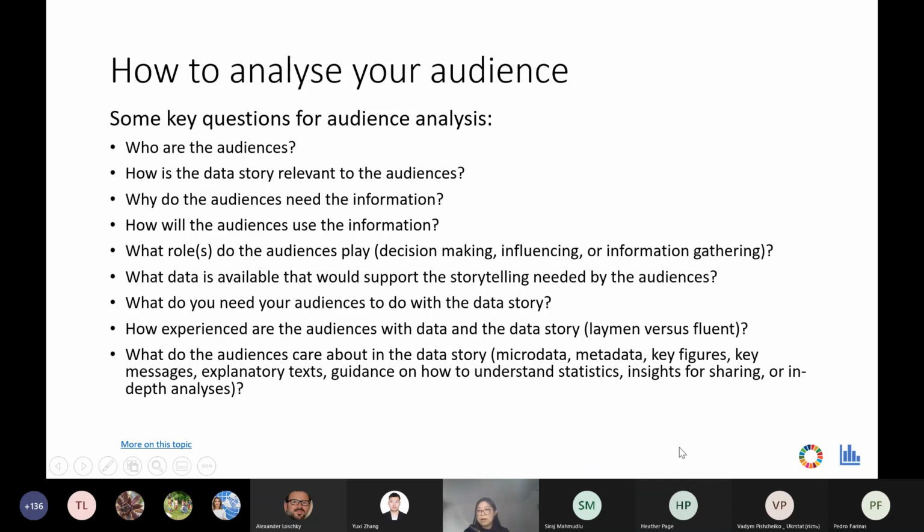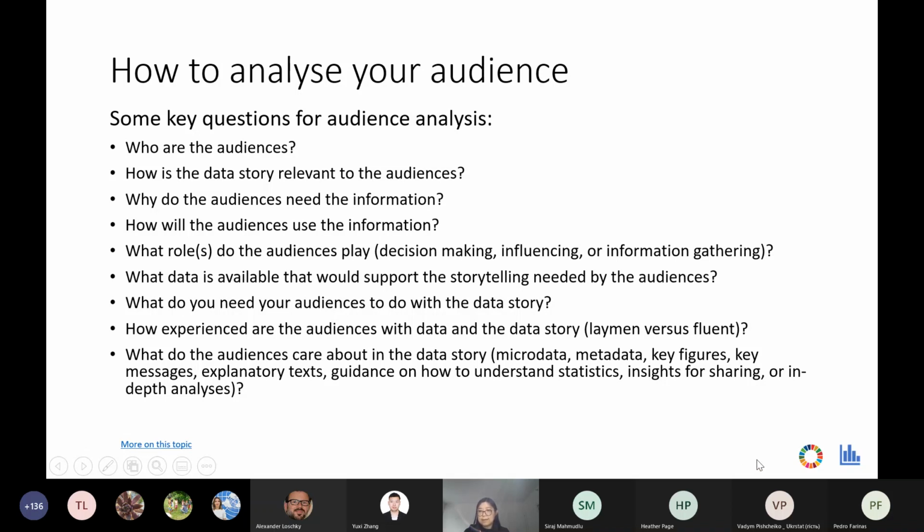Are they layman or are they fluent? And also, what do the audience care about in your data story? Do they want to know more about the key messages, or are they interested in the microdata or metadata? So the more specific you know your audience, the more likely you're going to tell a successful data story for your audiences.